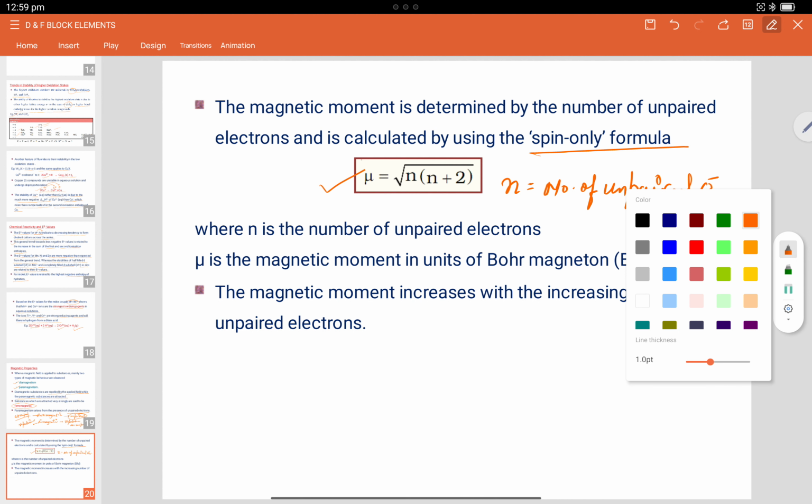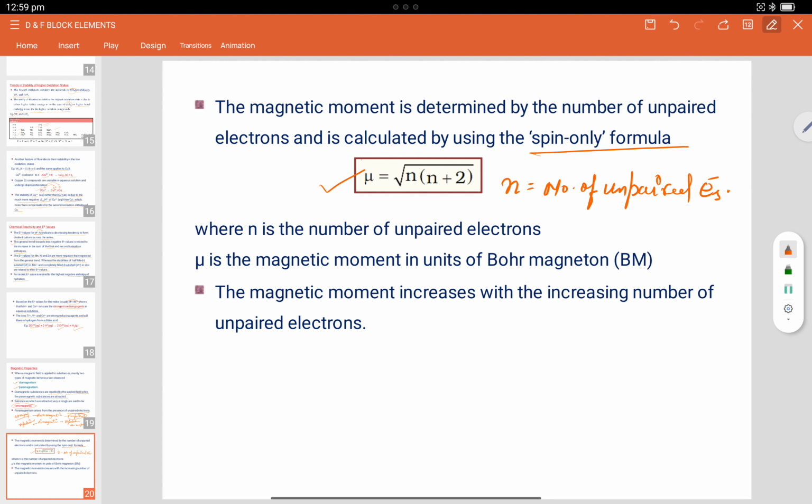Mu is the magnetic moment in unit of Bohr magneton, BM. The magnetic moment increases with the increased number of unpaired electrons.